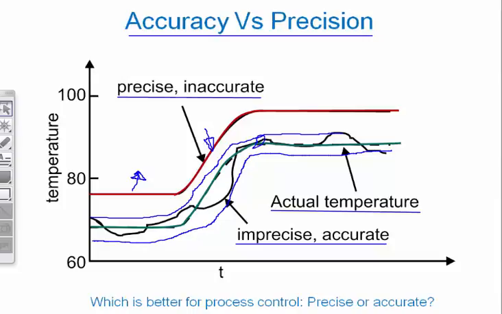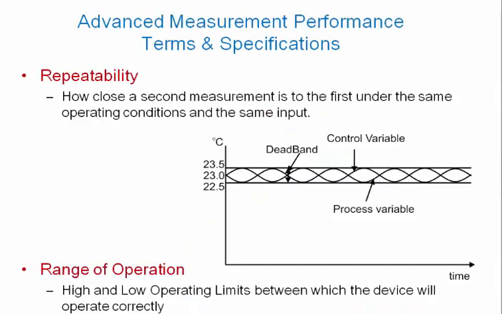Okay, let's now turn our attention to repeatability. How close is a second measurement to the first measurement under the same operating conditions and the same input? So the idea is that we have an instrument input which is then taken up to a particular level.